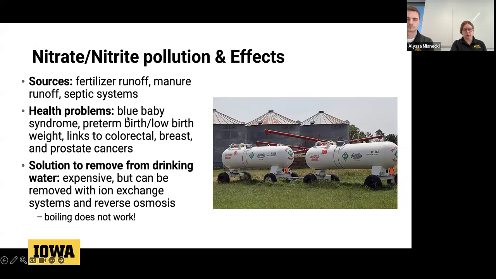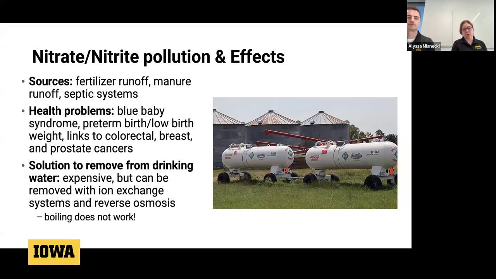The one that is regulated for is the acute blue baby syndrome, which has a long name I'm bad at pronouncing. It's like methemoglobinemia, something like that. I'm not that kind of doctor. But if an infant is exposed to nitrate levels that are too high, it can cause their blood to not transport oxygen correctly.